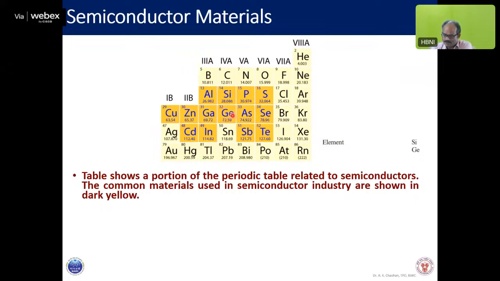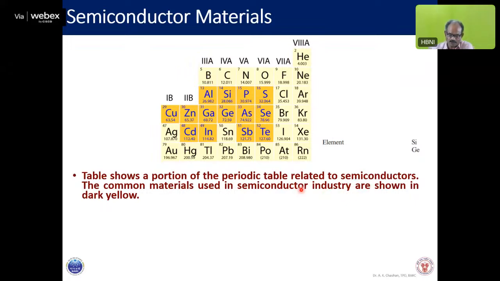Silicon and germanium are pure semiconductors, while there are some other classes, when you combine elements from this group and this group in a certain ratio, for example aluminium and phosphorus, that also becomes a semiconductor. So this portion of the periodic table shows semiconductors.